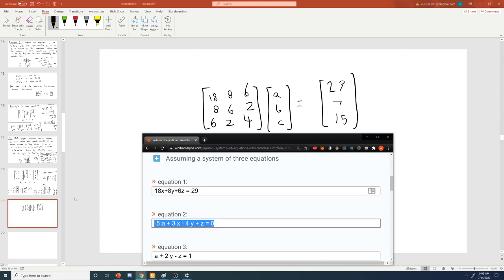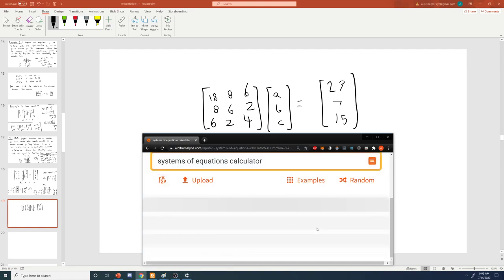And then I'm going to have 8x plus 6y plus 2z is equal to 7. And then I'm going to have 6x plus 2y plus 4z is equal to 15.